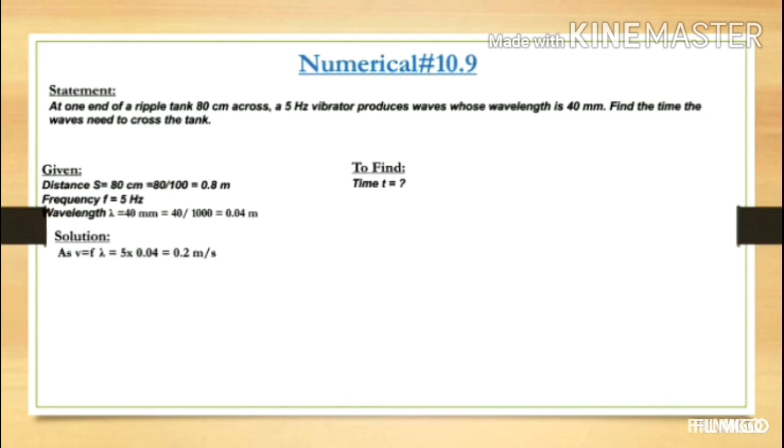In solution, we have formula V is equal to f lambda. By putting values of f and lambda, we will get wave speed is equal to 0.2 meter per second, and we have formula V is equal to s by t, which can be changed into t is equal to s over v.